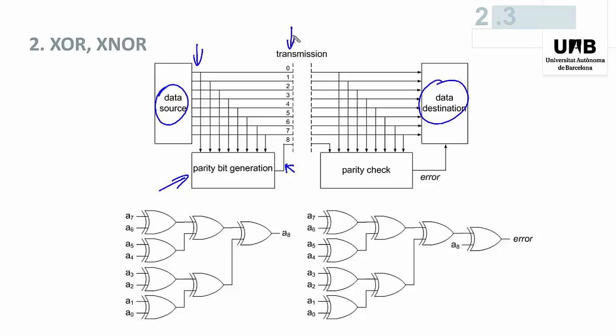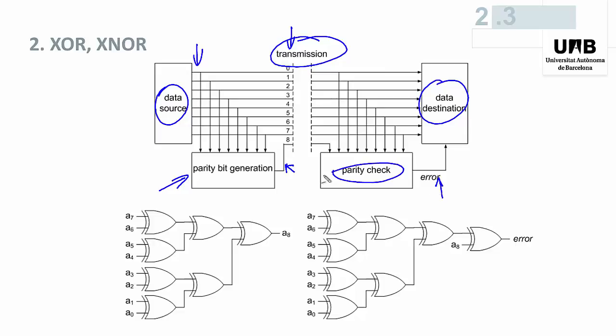Now, if during the transmission there is an error that modifies the value of an odd number of bits, for example 1 bit, but also 3, 5, and so on, then on the destination side, the received 9-bit vector will have an odd number of ones, and this fact will be detected by the parity check circuit.